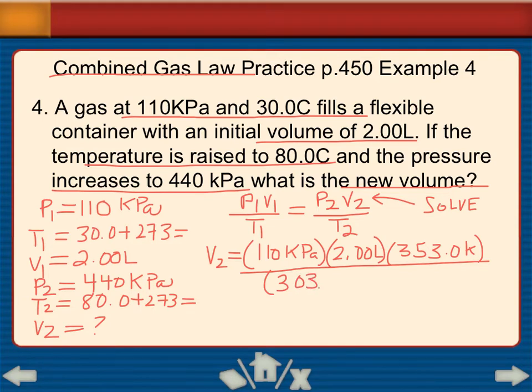So we have 303 Kelvin, 440 kPa, kilopascals, and V2 is now equal to 0.58 liters.